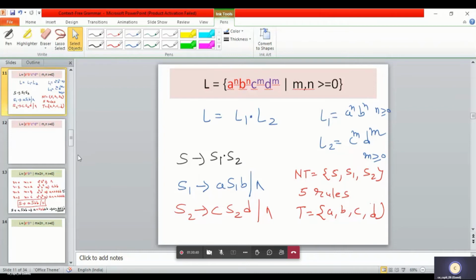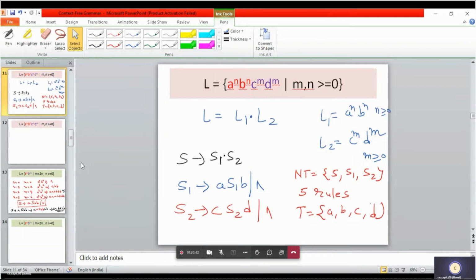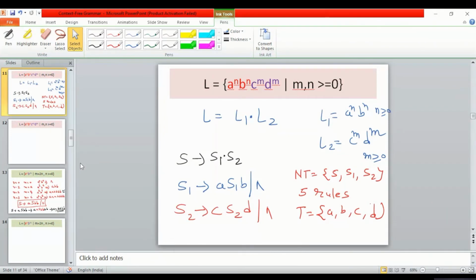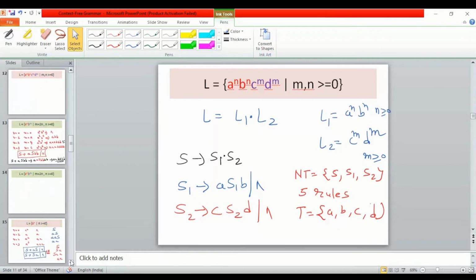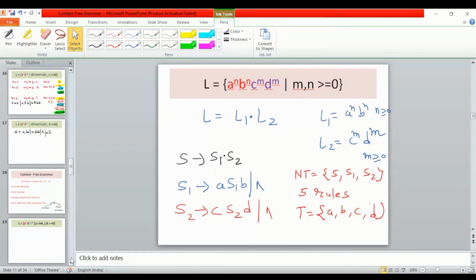So that is how we can represent the context-free grammar. And every rule has a criterion that the left-hand side always has a single non-terminal. You will never find any other symbol on the left-hand side.